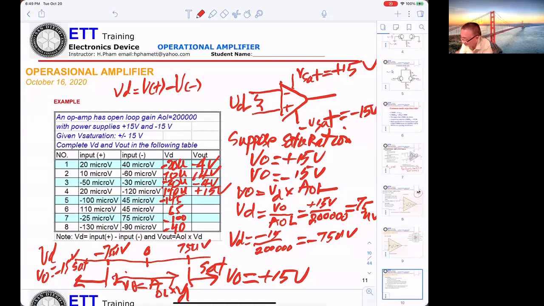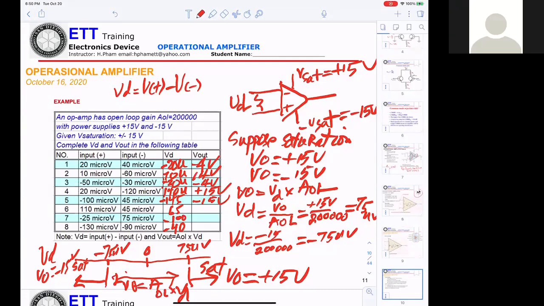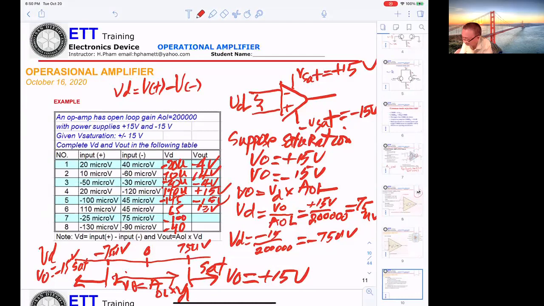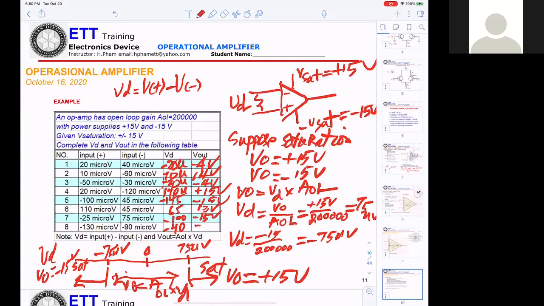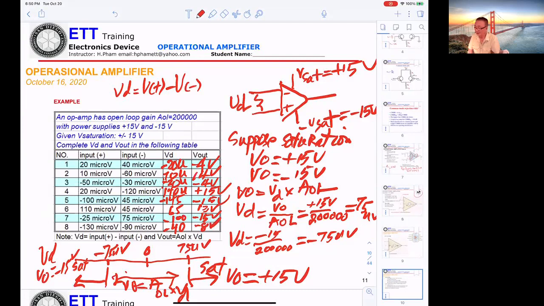Minus 15. Very good. Next. 13. Next, minus 15. Last one. Minus 8. Perfect. You're going to get everything.